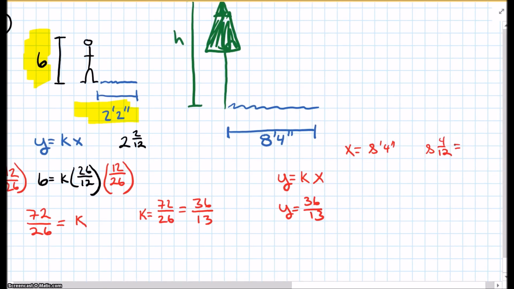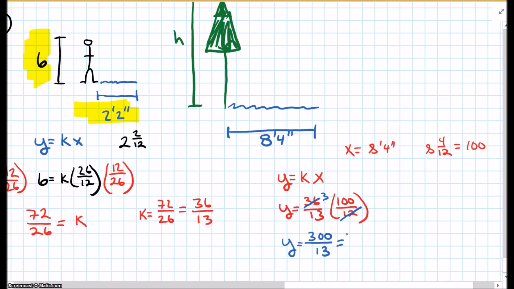We can go around the horn to make it an improper fraction. 12 times 8 is 96. 96 plus 4 is 100. So my x value is 100 over 12. Okay, so I can simplify the right side a little bit. So y equals 12 and 36 becomes 3. 300 over 13 feet.